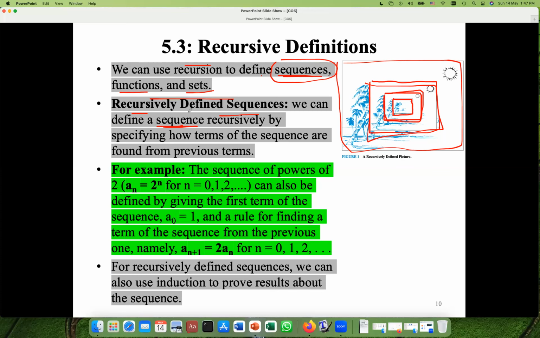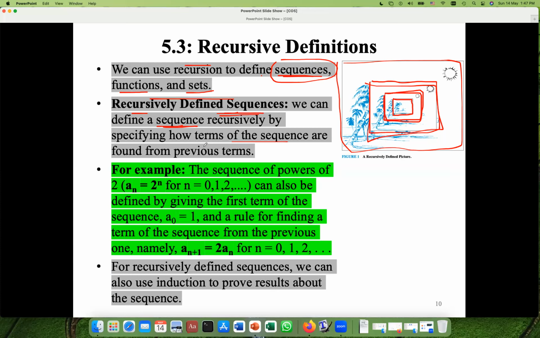So we can define a sequence recursively. Here recursively means using recursion. You can define a sequence by specifying how terms of the sequence are found. So there is a sequence, and in that sequence you have different terms, maybe 1, 2, 3, 4, up to n.